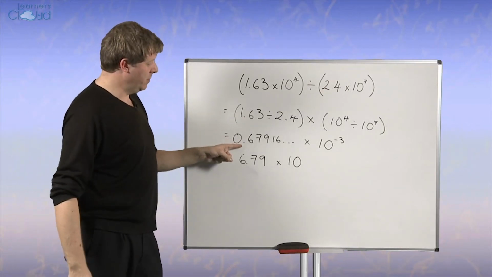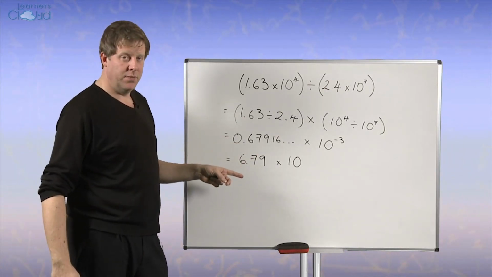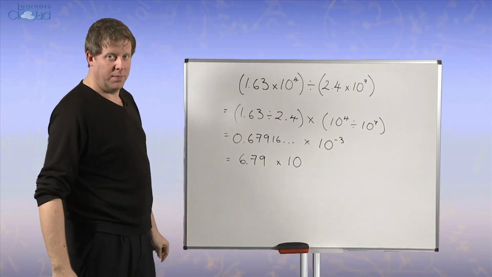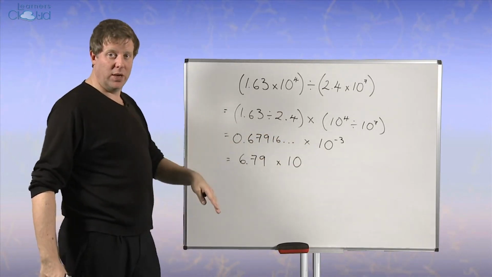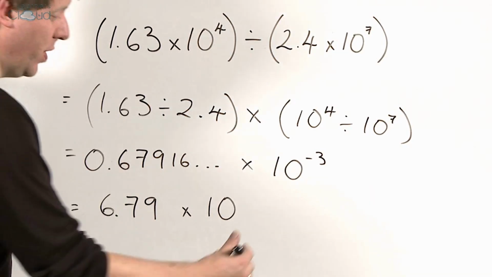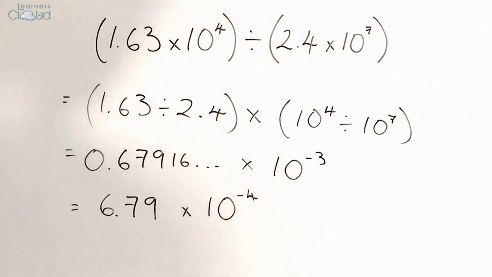This number has become 10 times bigger, which means this will need to become 10 times smaller. And when it becomes smaller, remember, we're going to lose 1 off the power. And if we take away 1 off of minus 3, it gives us minus 4. So our final answer here would be 6.79 multiplied by 10 to the minus 4.